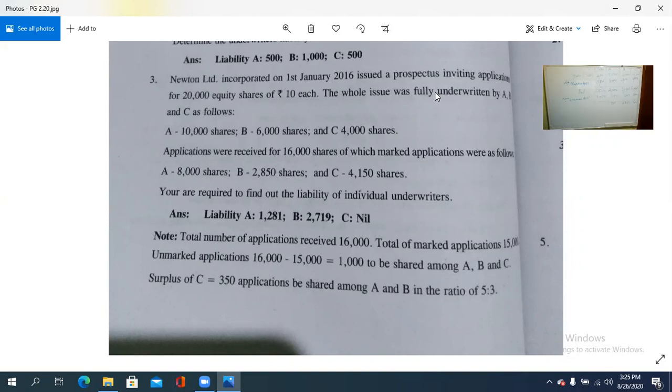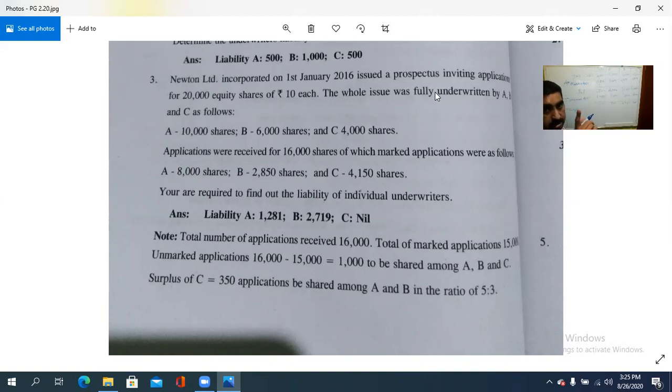Isn't it? 10:6. So we will check it. 10,000 divided by 16,000 into how much is it? 350. That 350 needs to be added here. Isn't it? So this is 6,000. Then less surplus.